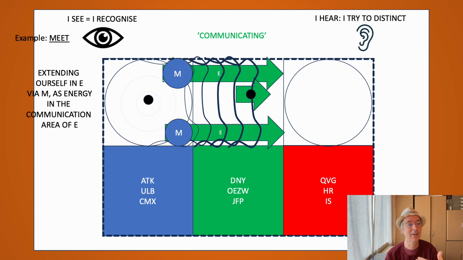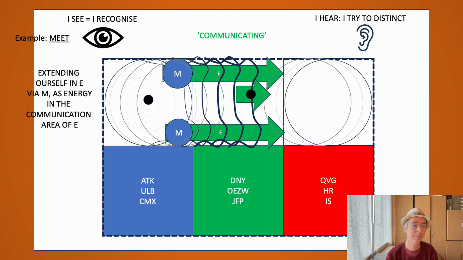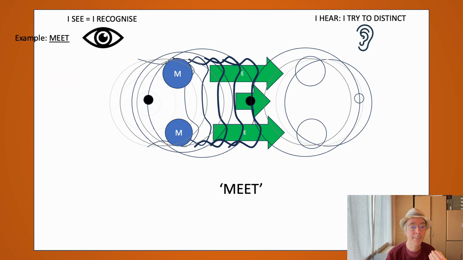So we're extending ourselves from what we know as an energy and within this field of communication. And within this field of communication, of course, it will try to find in the middle of it the communication area where we will meet with a double E, with an emphasis, of course, on the E.